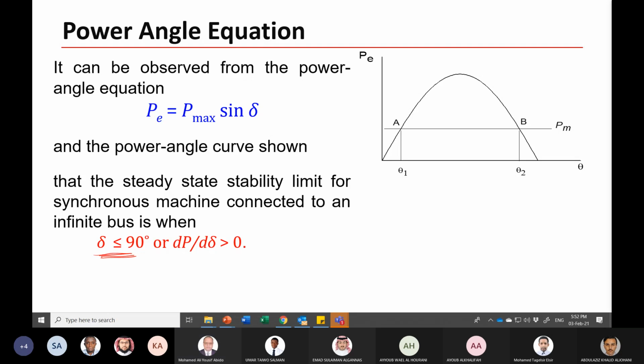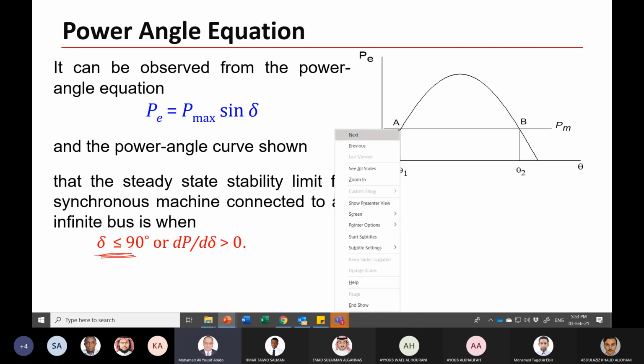Okay, let us resume our class. As we mentioned earlier, the condition for stability is to have the rotor angle less than or equal to 90 degrees.